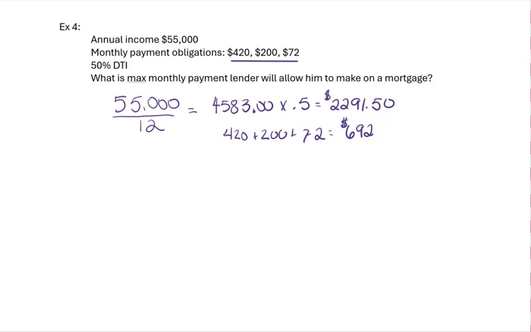So we're going to take the $2,291.50 and subtract $692 from it, and we're going to get a total of $1,599.50. So this is how much his lender will allow him to pay every month on a mortgage. That's the maximum amount. He's only allowed to get a mortgage for a house that would allow him to pay no more than $1,599.50 a month for his home.